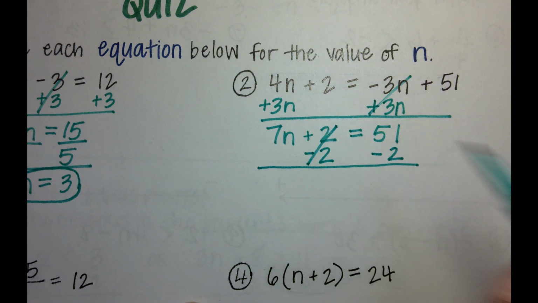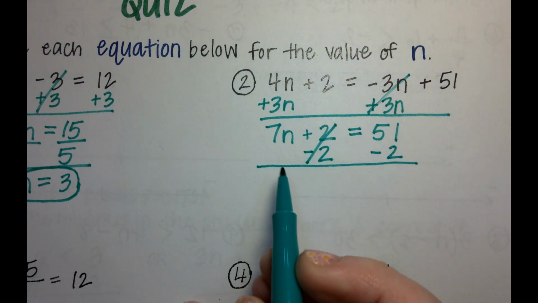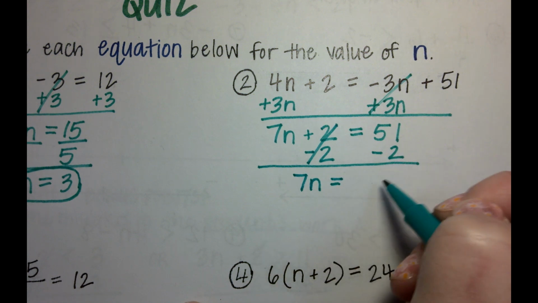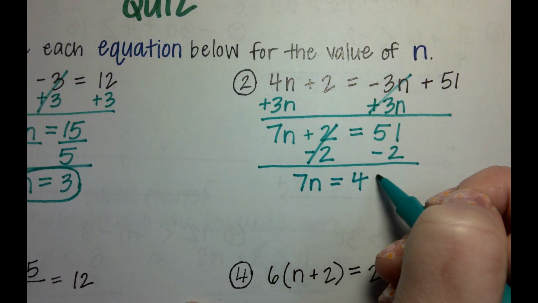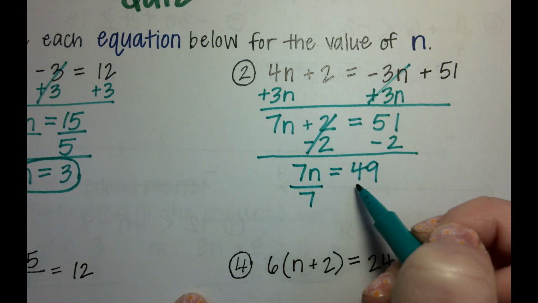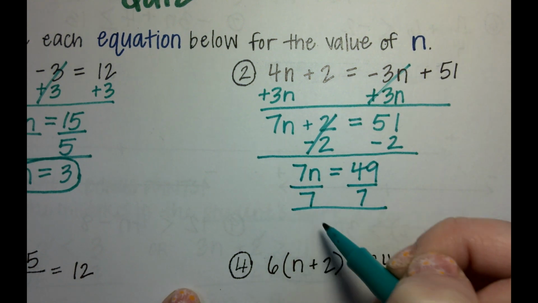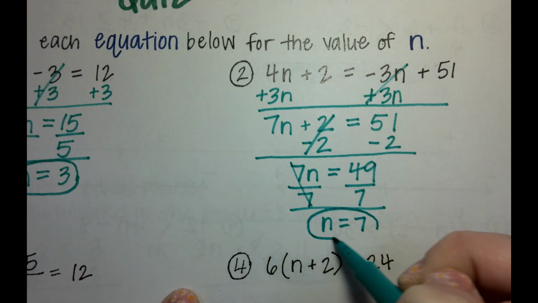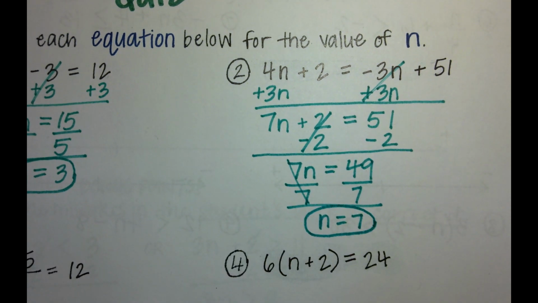My 2's will cancel. 7n equals 49. Then I'll have 7n equals 51 minus 2 is 49. Divide by 7. N equals 7. Very good.